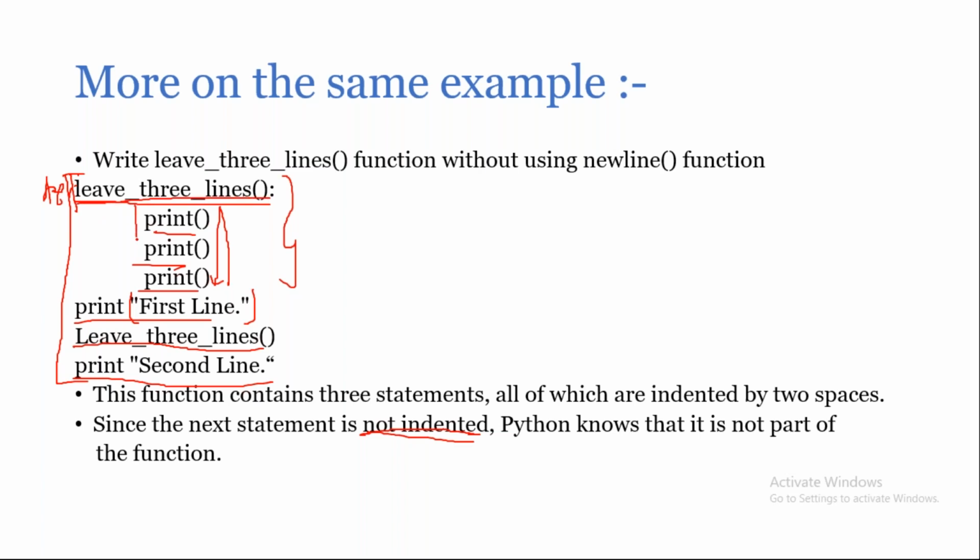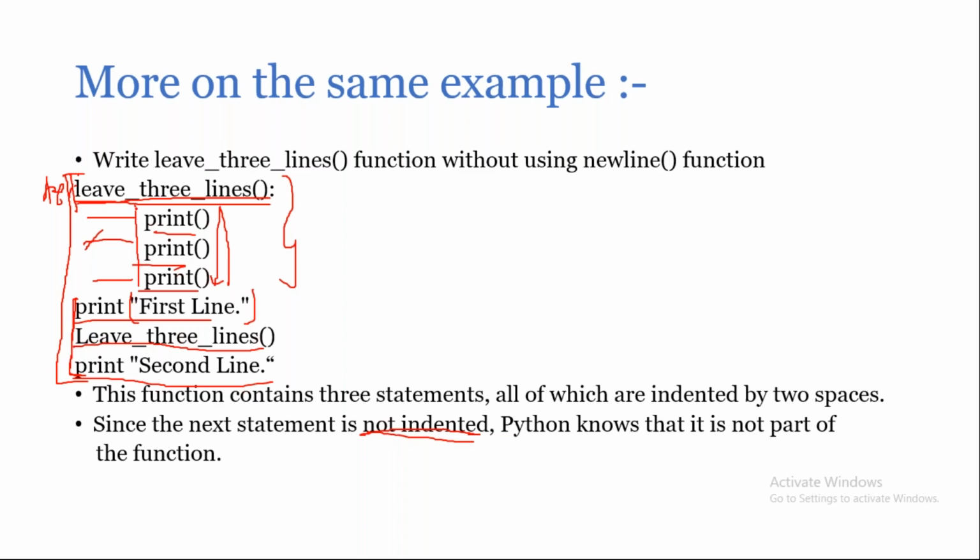You are printing these 3 void lines, right? But all these things inside the function are coming with an indentation. And then again, when you are outside this function, your code is not indented. You are back to the normal stage. That tells Python that now you are outside the function. That is as simple as that.